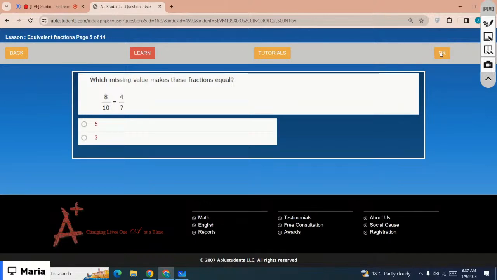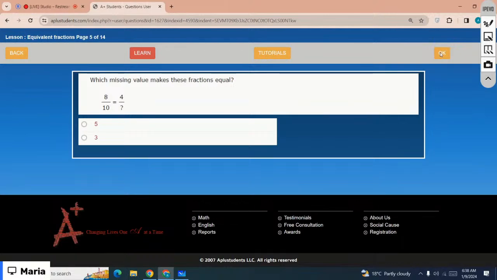Which missing value makes this fraction equal? Which is the correct option? The correct option is 2 out of 5, right?